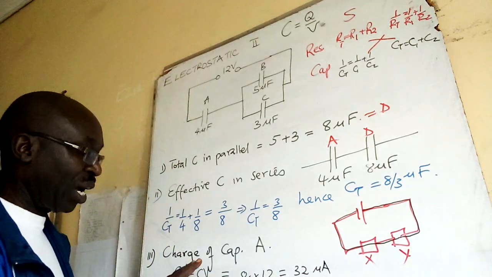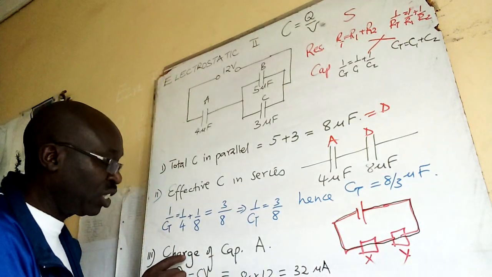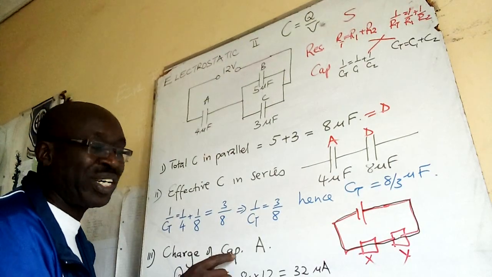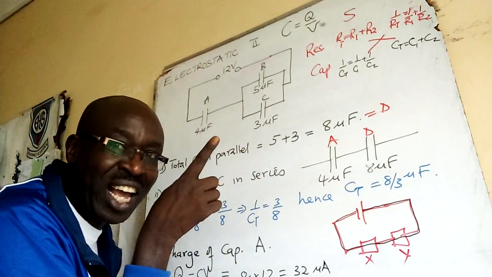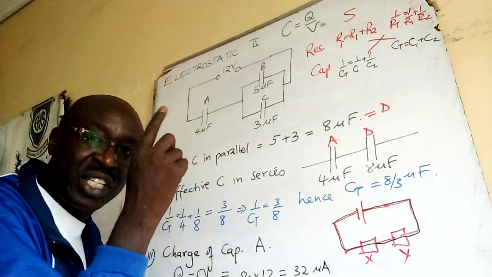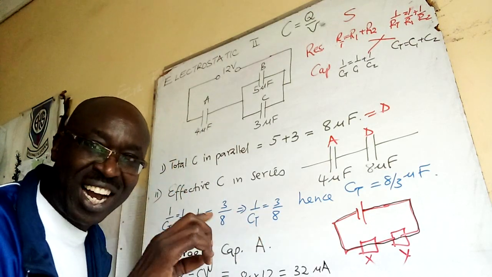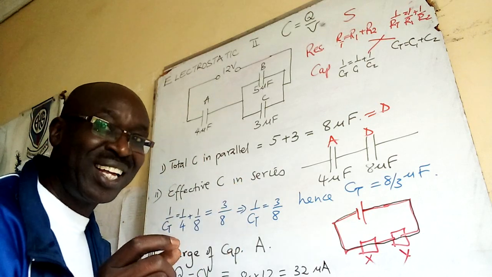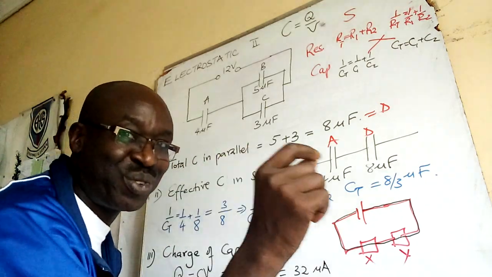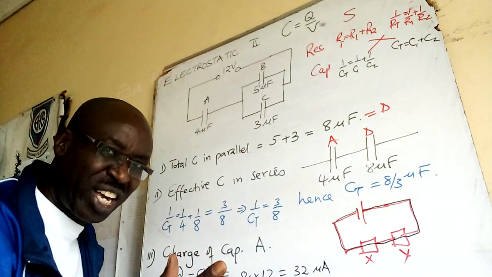So here I've asked you, what is the charge in capacitor A? It is as good as getting the charge from the source. We only talk of current from the source. But you are okay.